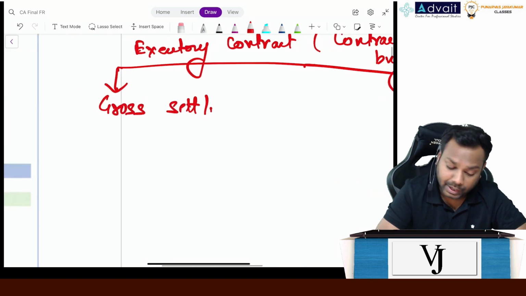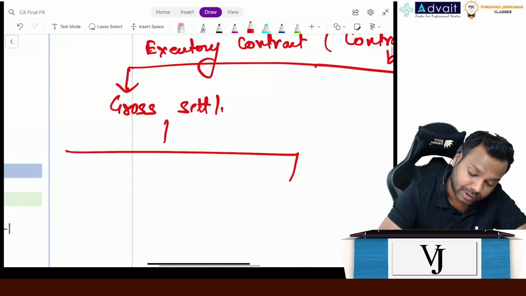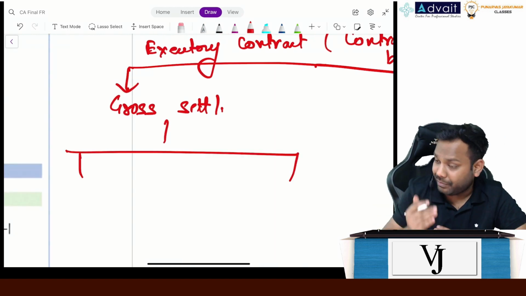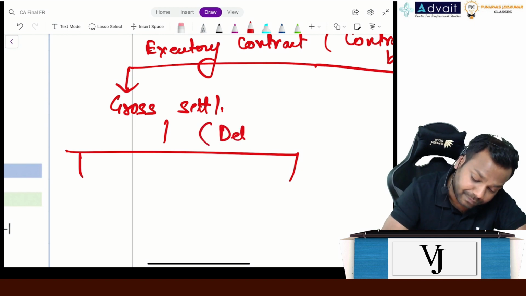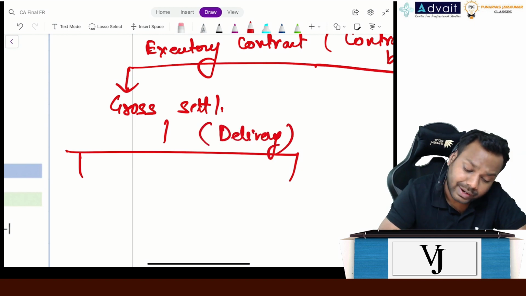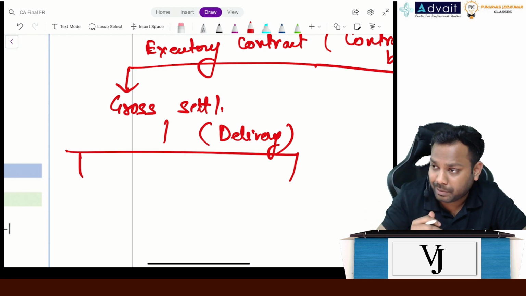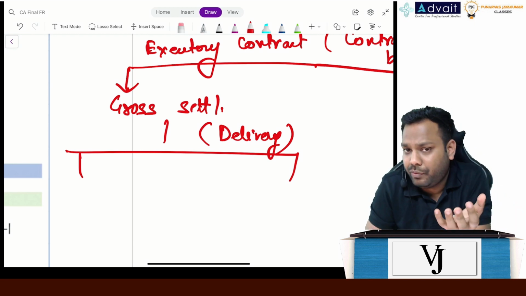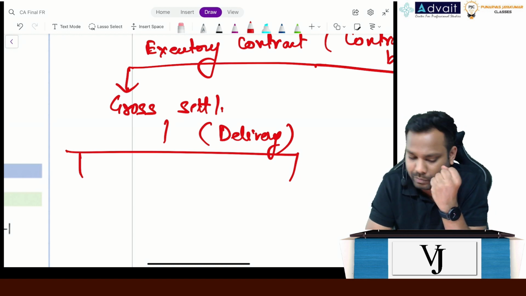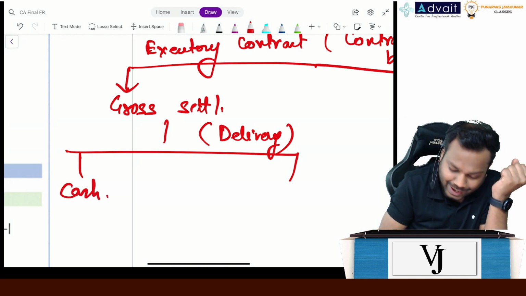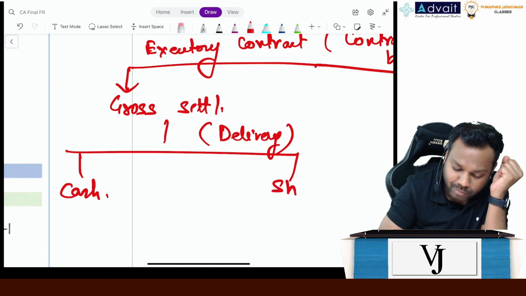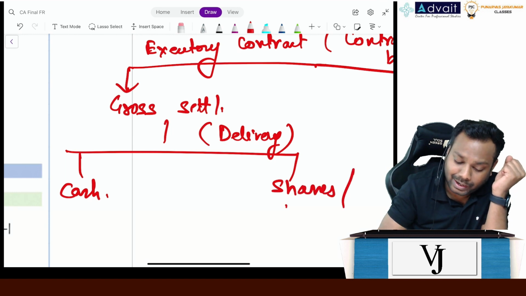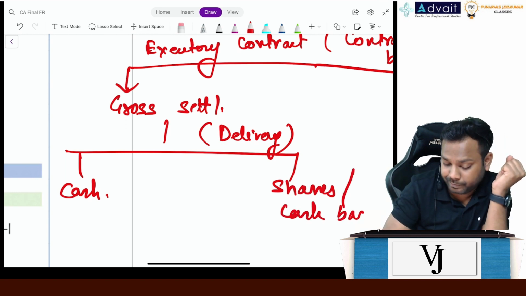Clear? Now, if it is gross settlement, definitely we will take delivery. When we take the delivery of the non-financial item, the question that comes up is, how are we settling the transaction? We got the goods from the vendor. We might settle in the form of cash, or we might settle in the form of shares or cash based on shares.